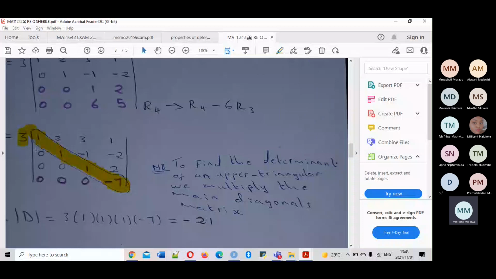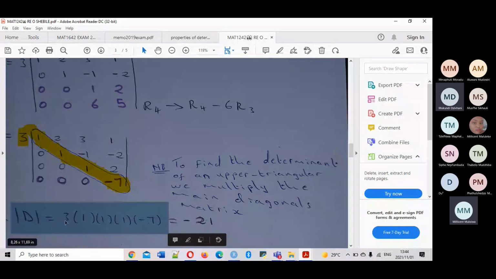Check here. This is your zeros under the upper triangle. So when you obtain the zeros, you stop. Now you multiply the determinant. That's why here we wrote the determinant of matrix D is going to be 3.